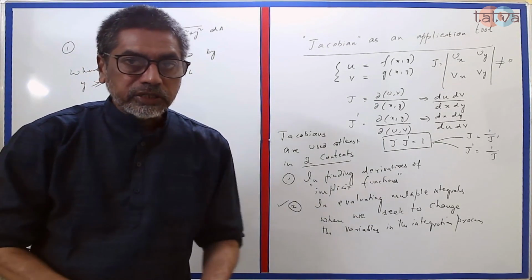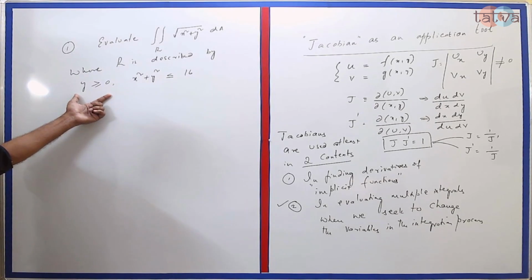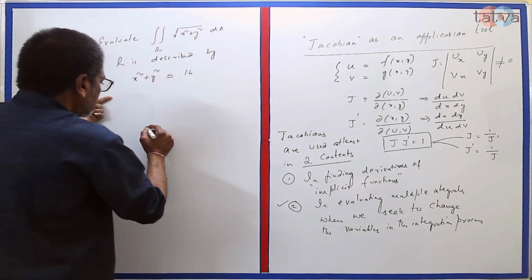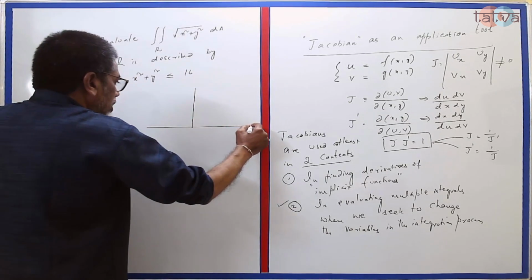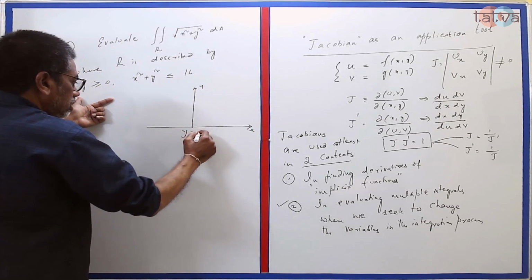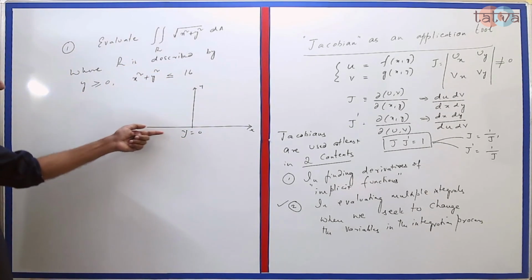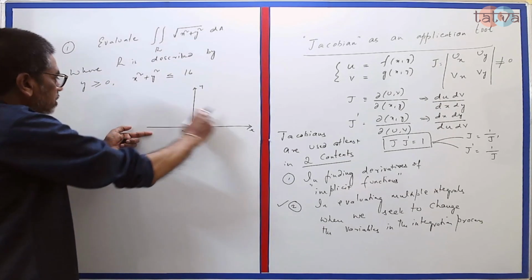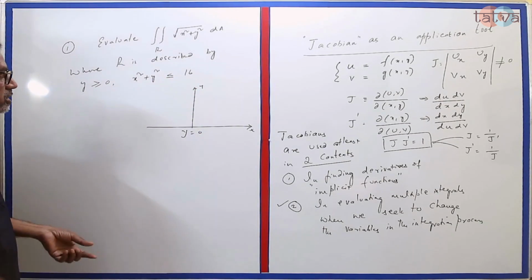So let us interpret this language. y greater than or equal to 0 means the region is above the x-axis, because y equal to 0 represents the x-axis. y greater than 0 would be some region above the x-axis.